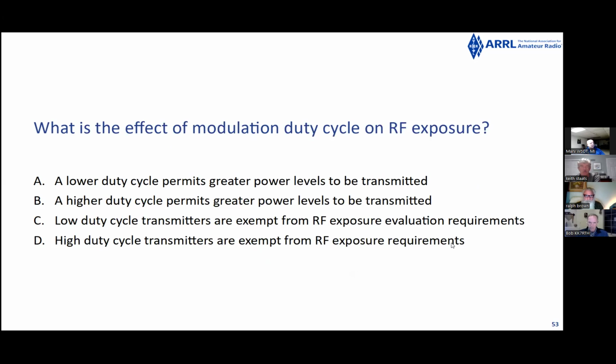What is the effective modulation duty cycle on RF exposure? A lower duty cycle permits greater power levels to be transmitted. A higher duty cycle permits greater power levels to be transmitted. Lower duty cycle transmitters are exempt from RF exposure evaluation requirements. High duty cycle transmitters are exempt from RF exposure requirements. A, yes. The lower duty cycle permits greater power levels to be transmitted.